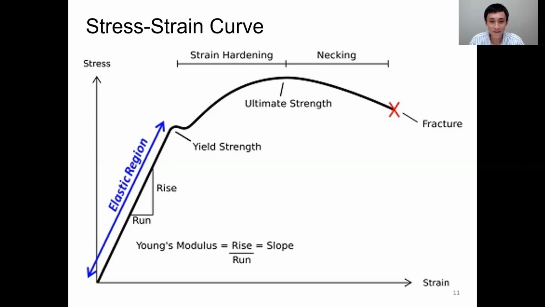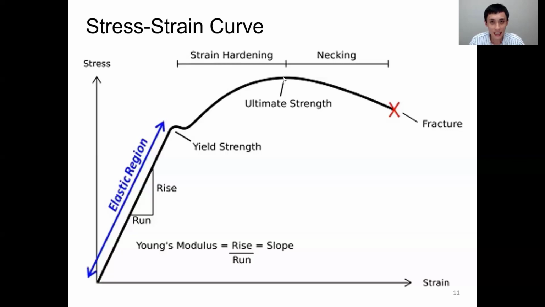They are the same definition, meaning the strength of the material is improved and the material itself is getting stronger. In the strain hardening area, the material's strength is improved a lot, but the cross-sectional area of the material does not shrink a lot.